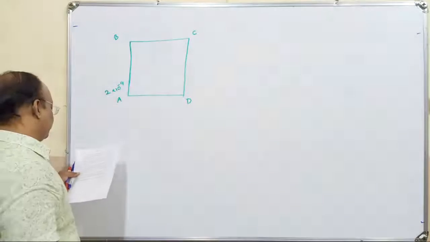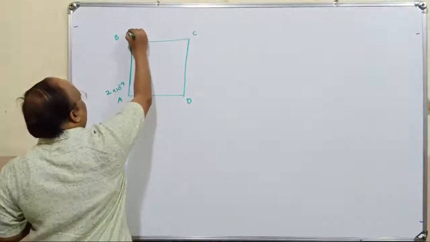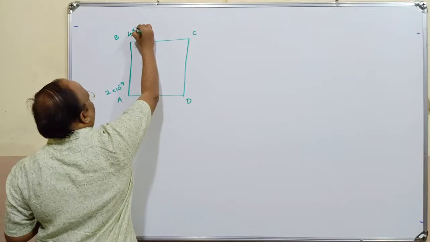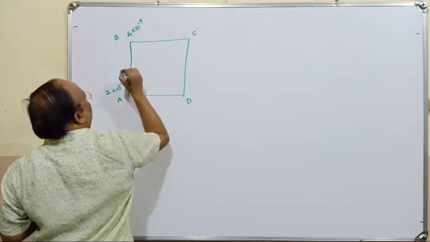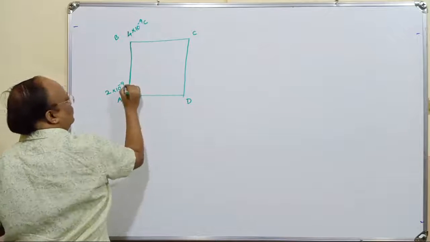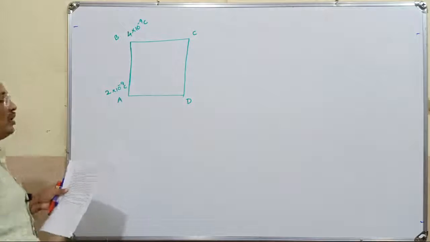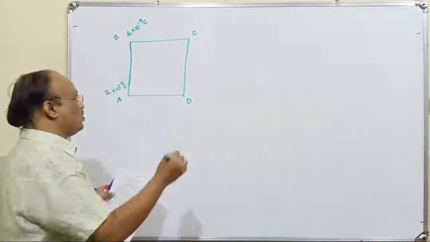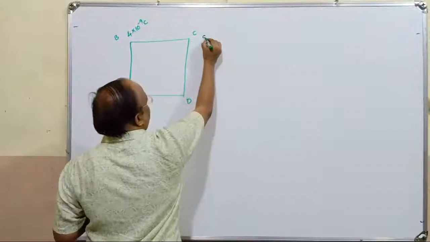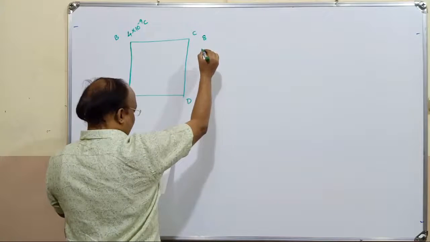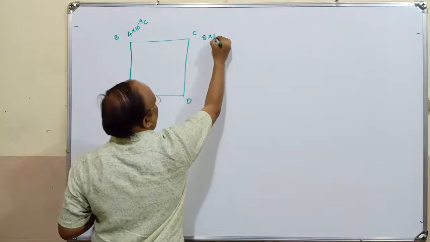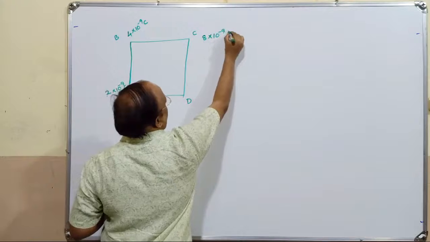At B, it is 4 into 10 to the power of minus 9 coulomb. And at C, it is 8 into 10 to the power of minus 9 coulomb.